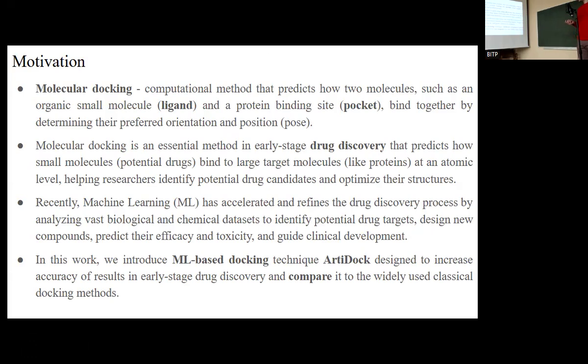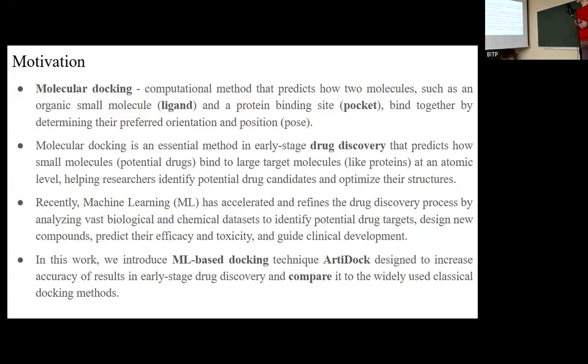Sure. So molecular docking is a computational tool that allows us to predict how two molecules, in our case a small organic molecule, which I will refer to as a ligand hereafter, and a protein binding site or protein pocket, bind together, determining their preferred orientation.